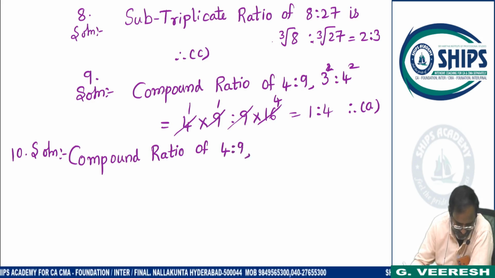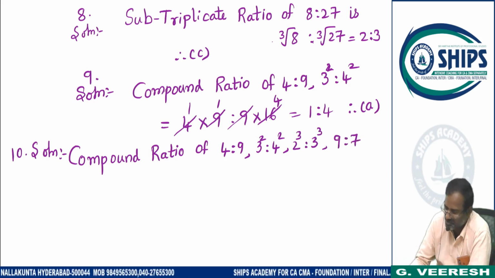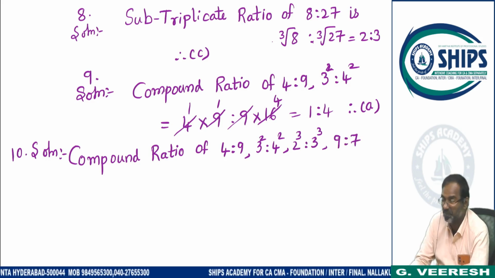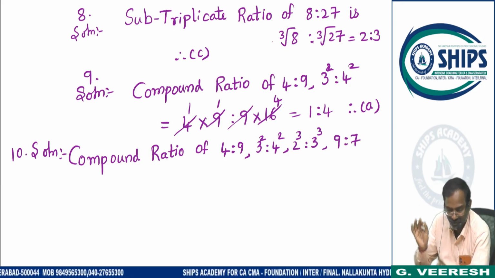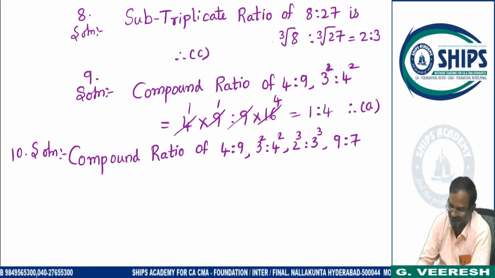First ratio, duplicate means squaring, 2 square is to 4 square... wait, 2 square is to 3 square, triplicate 2 cube is to 3 cube, and normal again 9:7. So fourth ratio is not triplicate, only triplicate of 2:3, and 9:7 is separate.